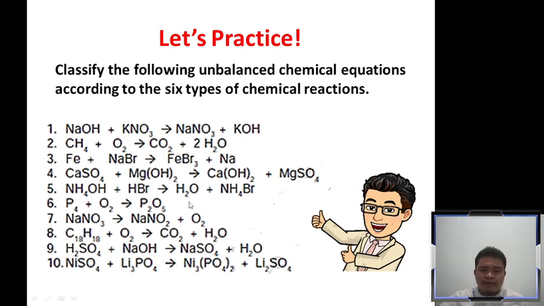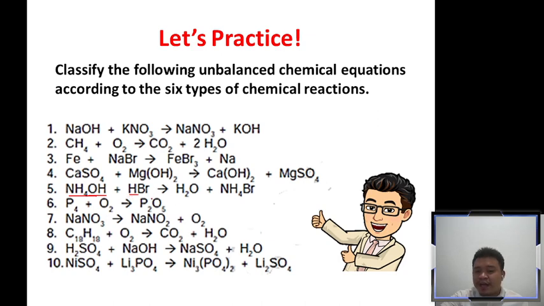How about this? NH4OH plus HBr yields H2O plus NH4Br. Oh, this is a bit tricky. You might be thinking that this is a double replacement reaction. Yes, it's actually a double replacement reaction. But take a look at OH and H here. This is clearly a base, and this is clearly an acid.